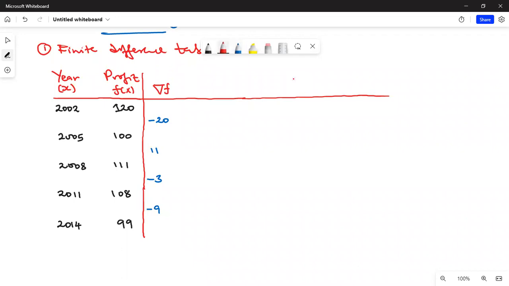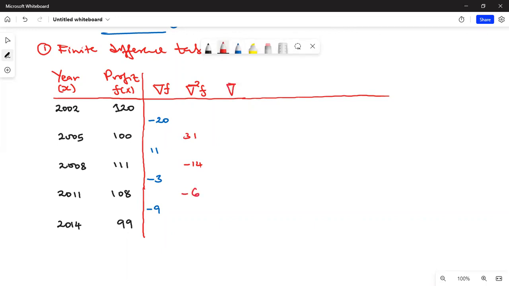So do the same to the second order backward differences. So again, you subtract 11 minus negative 20, that should give us 31. Write it here. Negative 3 minus 11 is negative 14. And negative 9 minus negative 3 is negative 6.